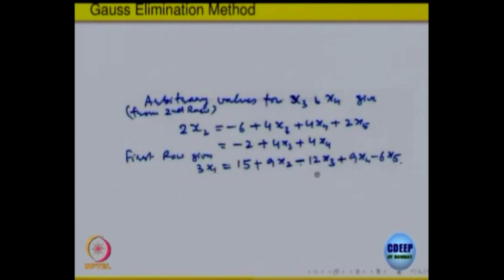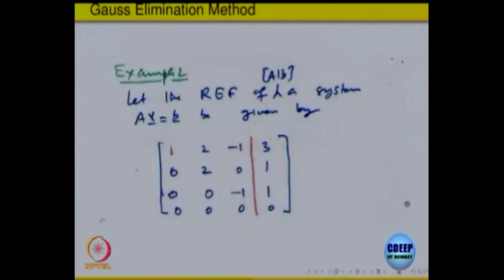That will give me x1 in terms of this, where x5 is already known, and x2 in terms of these two. So, if I put this value of x2 here, I will get x1 in terms of x3 and x4. So, x1 in terms of x2, x3, x4, x2 in terms of x3, x4, x5 is already known. So, your solution will involve only two variable quantities which get arbitrary values. So, that is how the solution works.